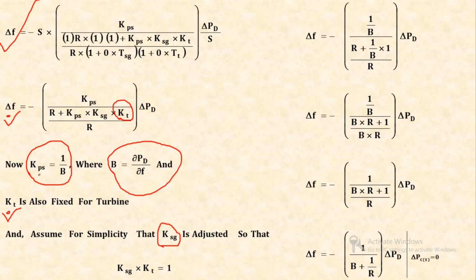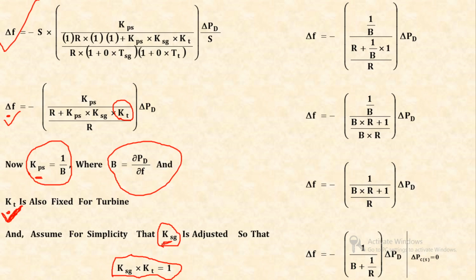So, if KPS is constant and KT is fixed, we can say that KSG is adjusted so that the multiplication of KSG and KT becomes 1. Clear? Let me clarify that KPS, the power system gain, is constant, having a value of 1 upon B, which is del PD by del F. KT is fixed for the turbine because the turbine has no feedback, so its gain is always constant.